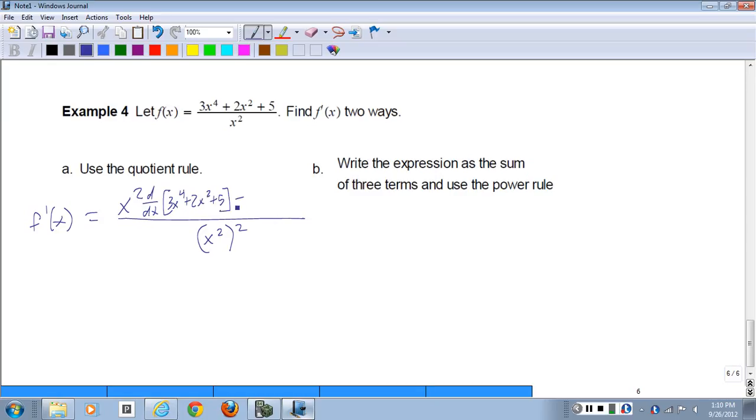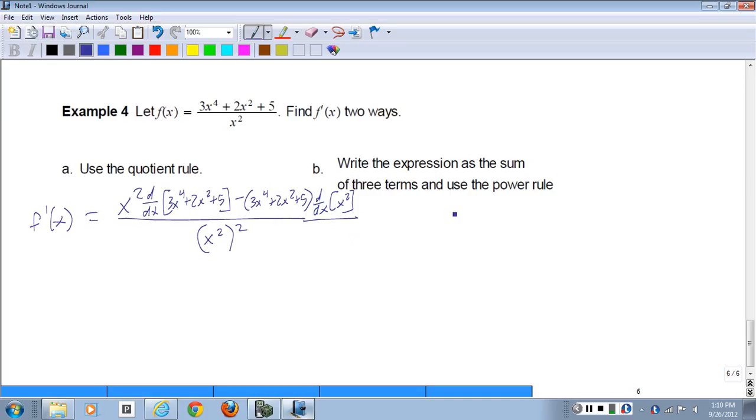Since the first part up there was the denominator times the derivative of the numerator, you write the minus, and then you have the numerator times the derivative of the denominator. That looks like that could take a while. Let's get back to that later.